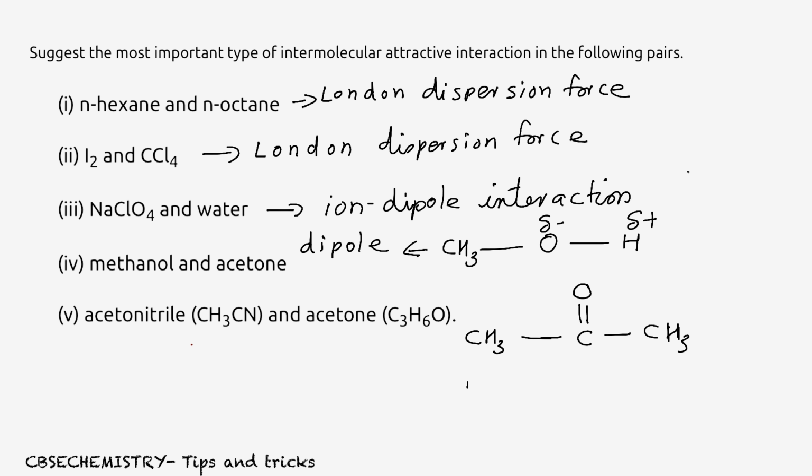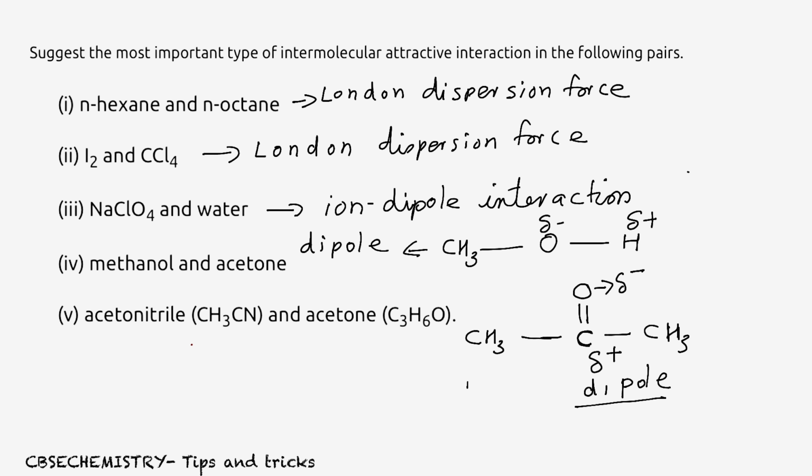Here you can see this oxygen, right? Highly electronegative, is connected to carbon, making it partially negative. Carbon becomes partially positive. So it can also act as what? Dipole. Correct? So definitely between methanol and acetone, dipole-dipole interaction is there.